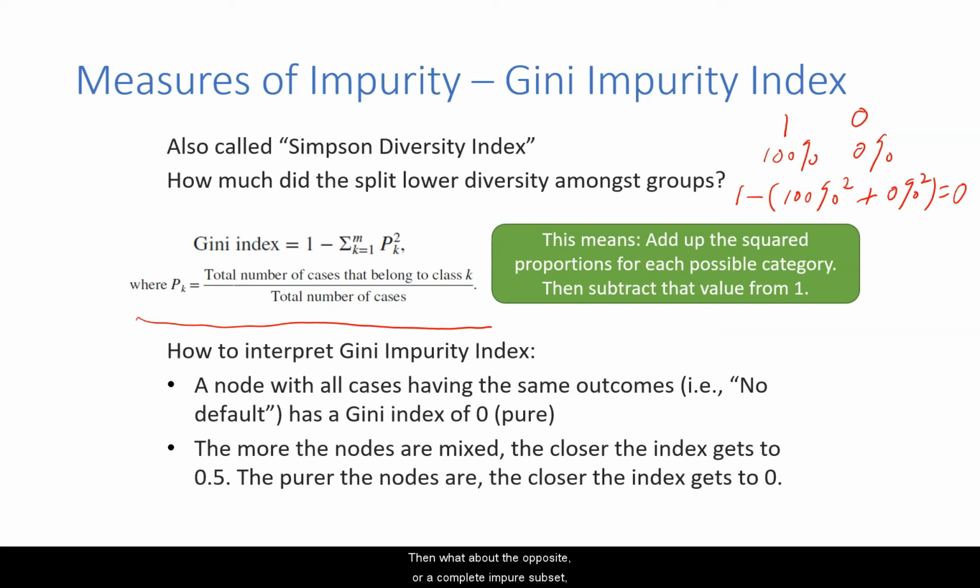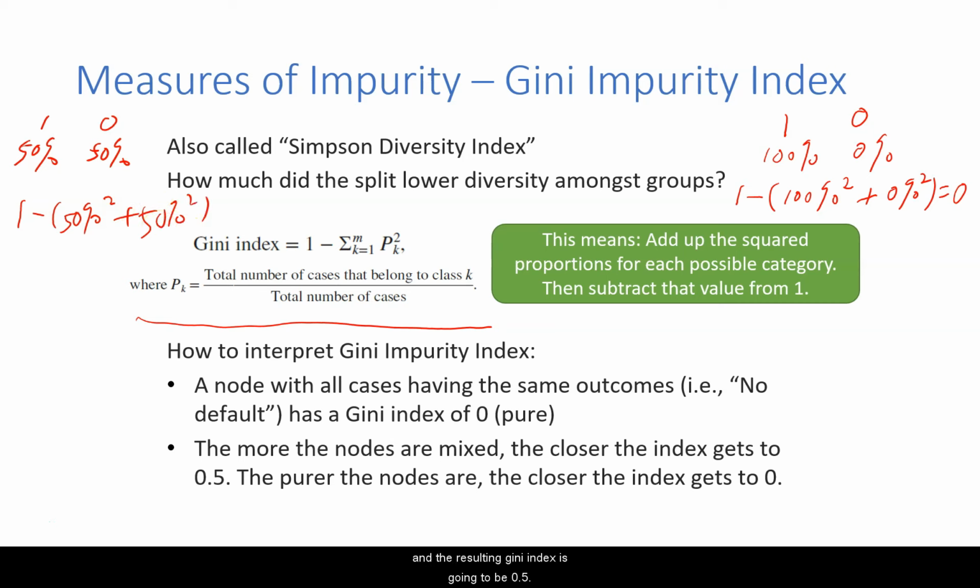Then what about the opposite, a completely impure subset, where half of the cases belong to one class while the other half belong to the other class? In that case, the proportion of the two classes will be 50% and 50%. And the Gini index would be 1 minus 50% squared plus 50% squared.